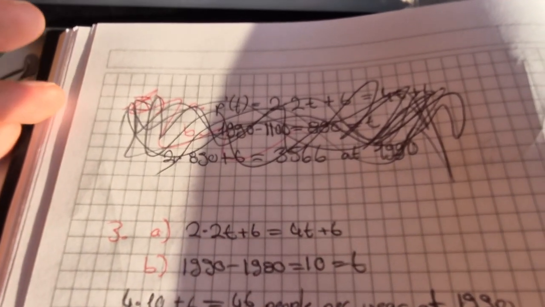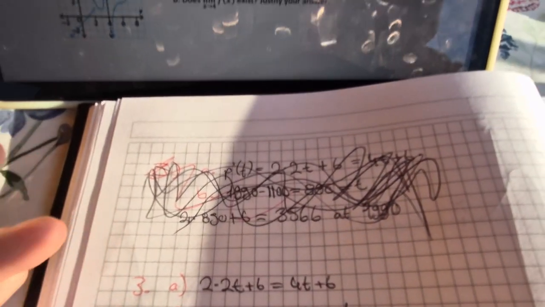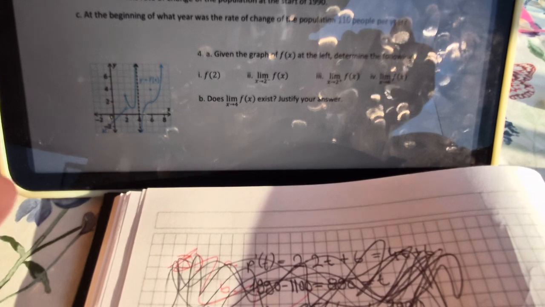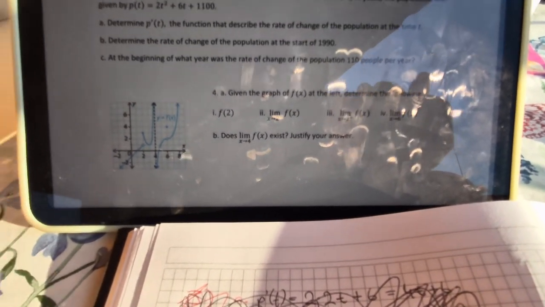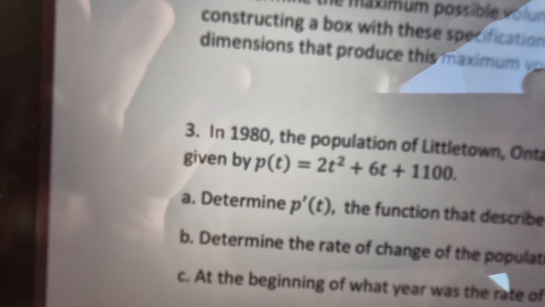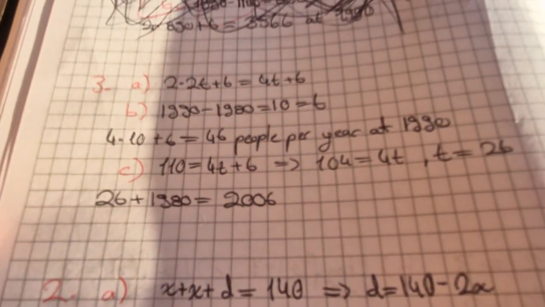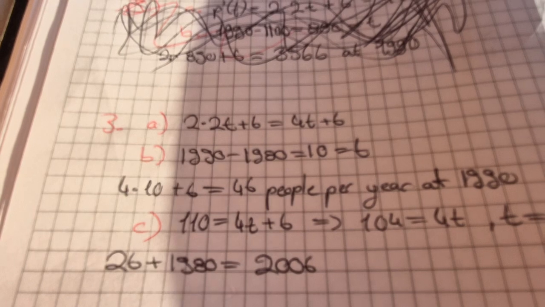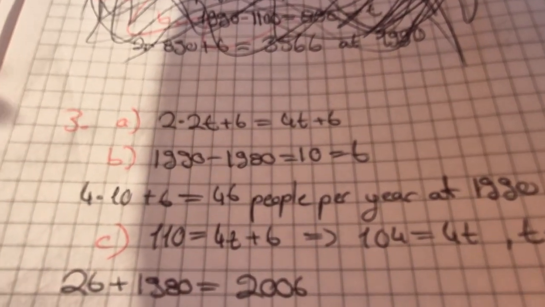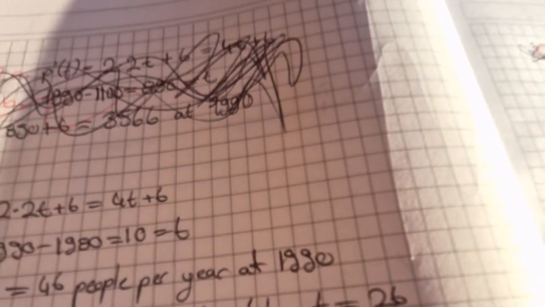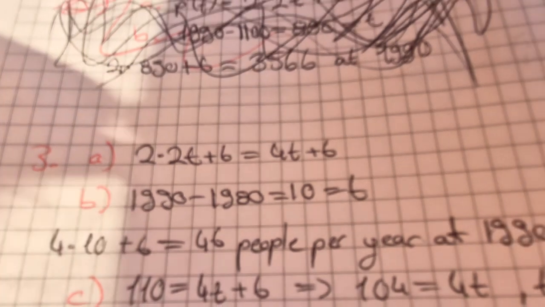Then in part B, it asked us for the rate of change at the start of 1990, and we are currently at 1980 in the given question. So I just took 1980 from 1990.